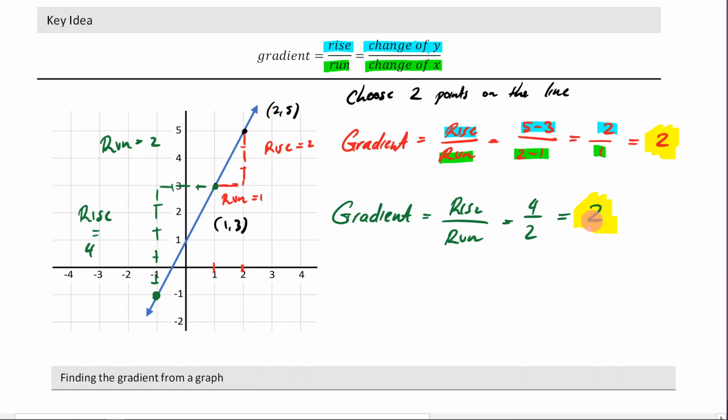So again, I don't want to go on this point too much, but if you wanted to, what you could do here, now this one's a bit cool, you could say, I'm going to take my y values. So I'm going to take 3 and -1, and I'm going to subtract them from each other.